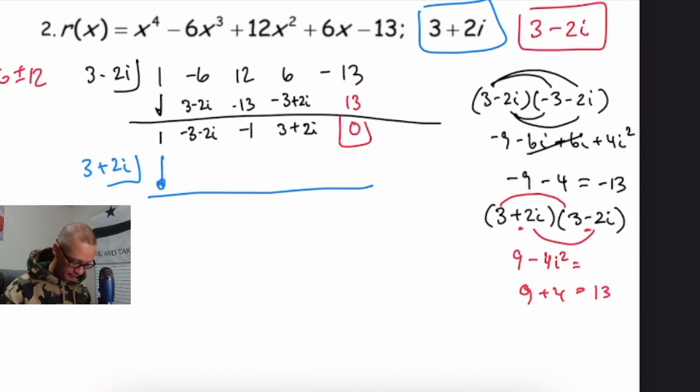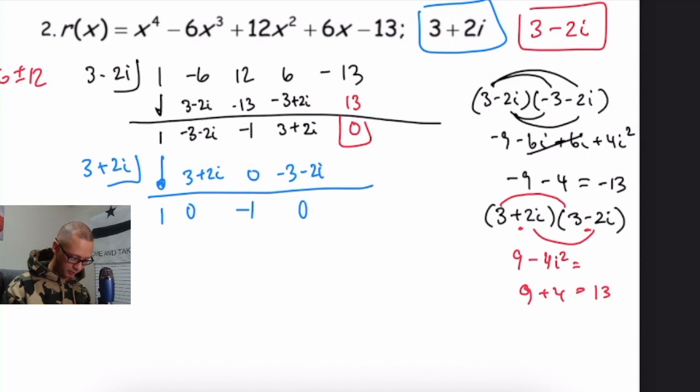Because it is a 0. So bring down the 1, we multiply 3 plus 2i. When we add, we're going to get 0. 0 times, we're going to get -3, -2i. When we add, we're going to get 0.